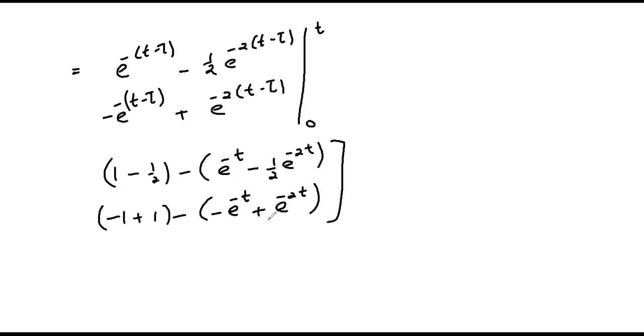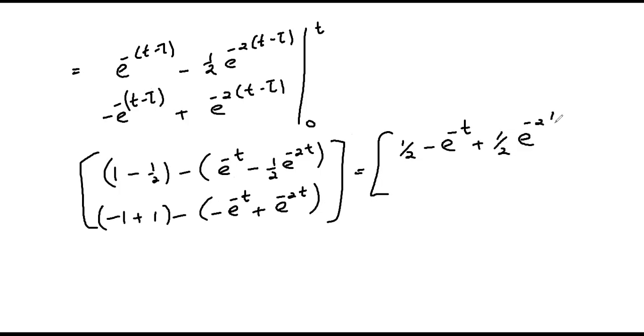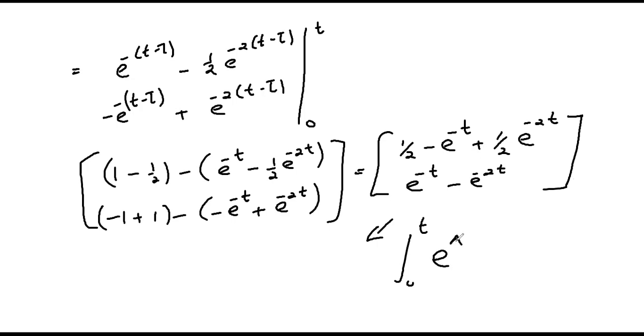And this will give us a half minus exponential negative t plus a half exponential negative 2t. Then this will be 0, then we'll get exponential minus t minus exponential negative 2t. And this is our term, the integral from 0 to t of exponential a(t minus tau) b u of tau d tau. This is the second part.